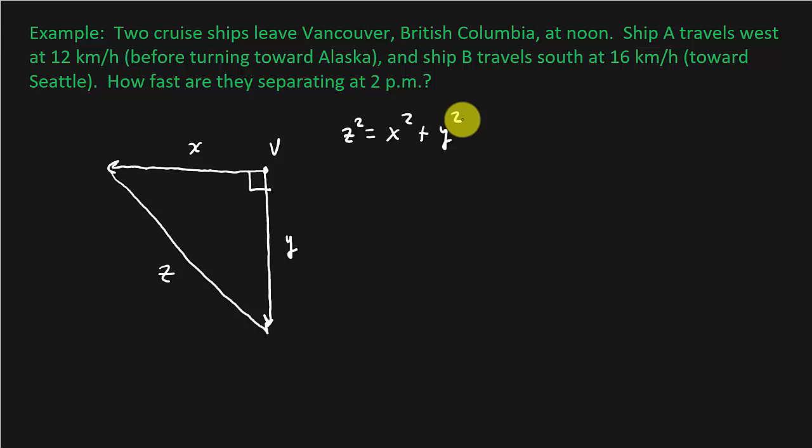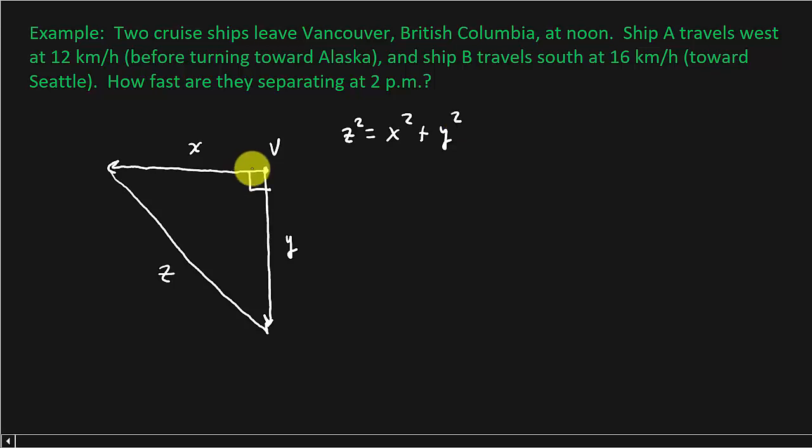Now, let's look at the information that they give us and what they want us to find. So it says 2 cruise ships leave Vancouver, British Columbia at noon. Ship A travels west. So that's the ship traveling this way at 12 kilometers per hour. That's the change in x, right?